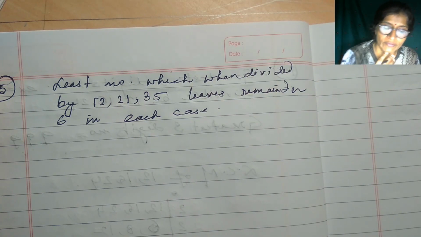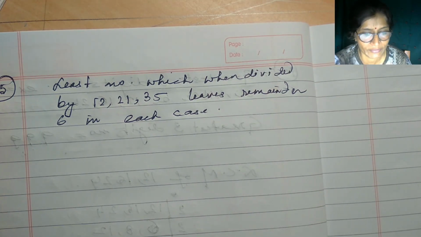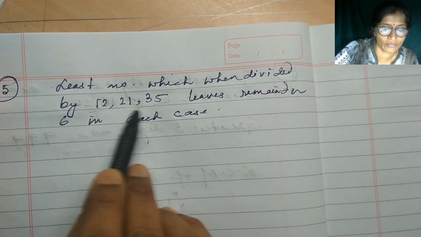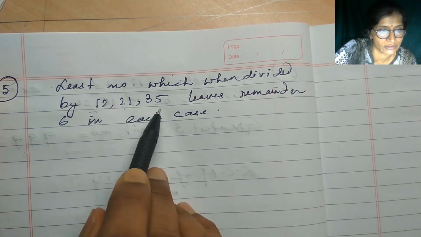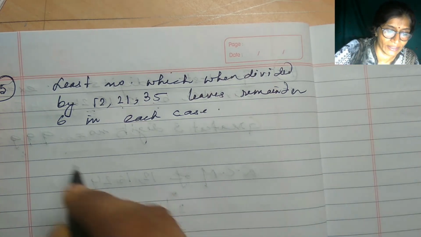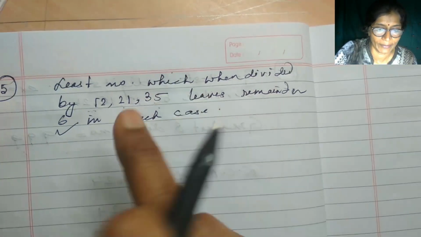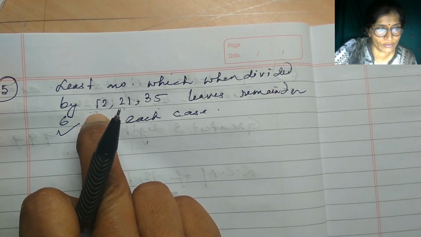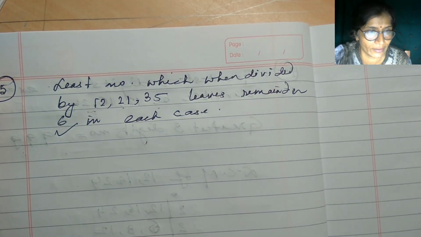So here what we have to do, we know that the LCM is completely divisible by these numbers. LCM of these numbers is divisible by this, this and this. And if I increase that LCM by 6, then what will happen? When I divide by 12, it will leave 6 remainder.